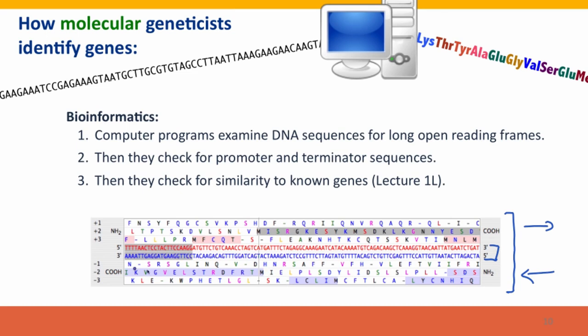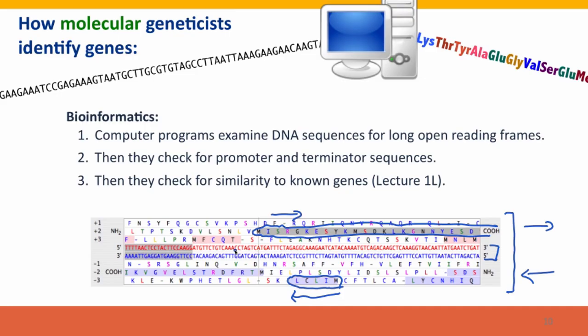And in each case, the open reading frames have been marked off. So this is a short open reading frame, read that way from that methionine to a stop codon here. This is a relatively long open reading frame. We don't know where it ends, going in that direction from this methionine.